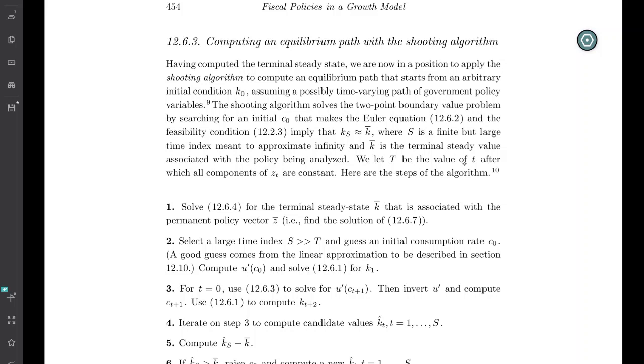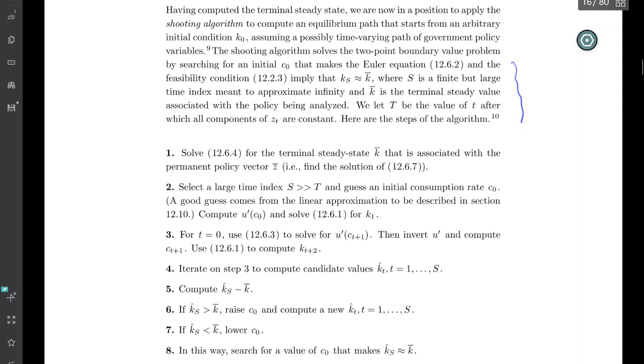That's a consequence of our making assumptions about government expenditure and tax policies. So then the algorithm goes like this. Step one is we're going to solve for a steady state. That's easy, capital.